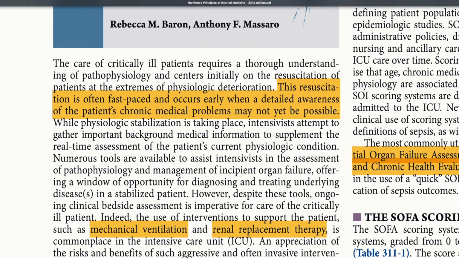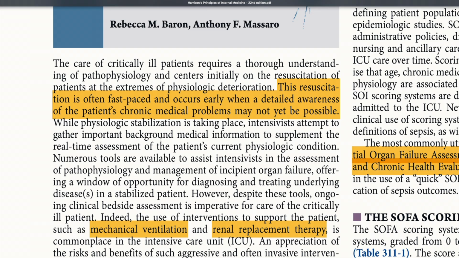We will be covering the overall approach to the critically ill patient, how to assess illness severity using the ICU scoring systems, then the basics of shock evaluation. Then I'll also be talking about mechanical ventilation.